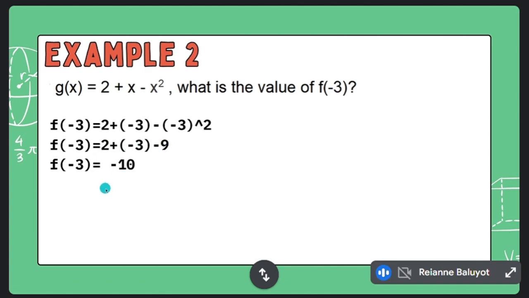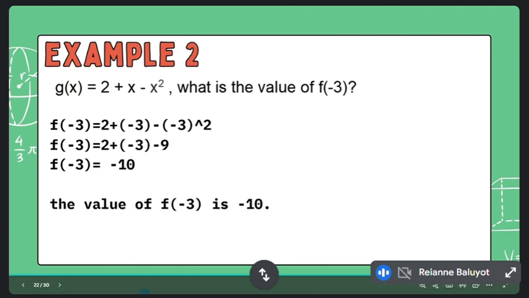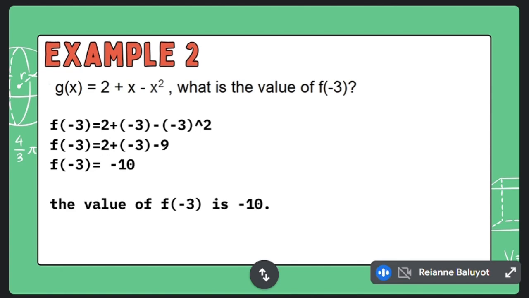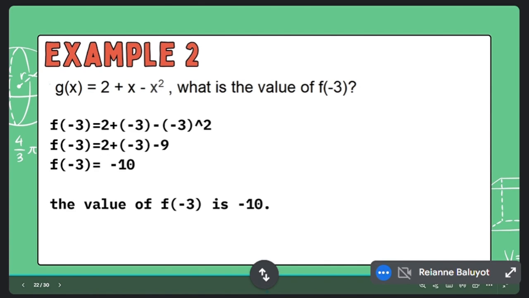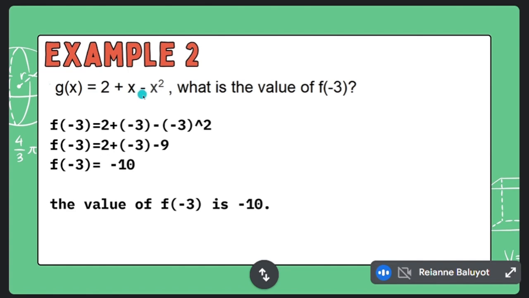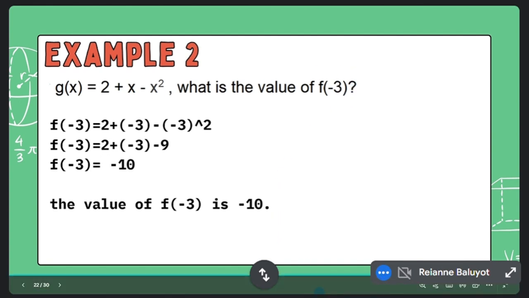So we conclude with our answer, which is negative 10. So the value of g of negative 3 is negative 10. Okay, simple as that. So for this function, g of x is equal to 2 plus x minus x squared, the value of g of negative 3 is negative 10.